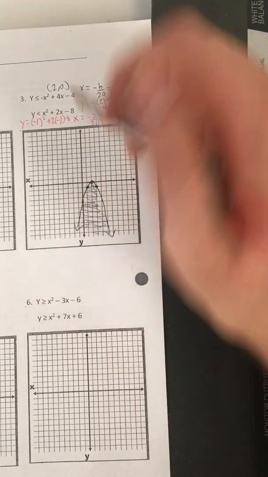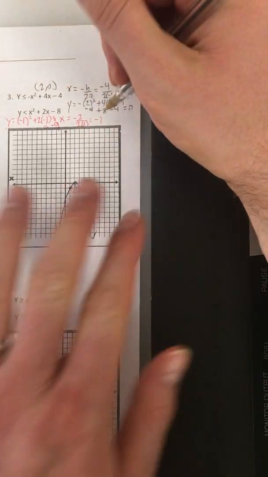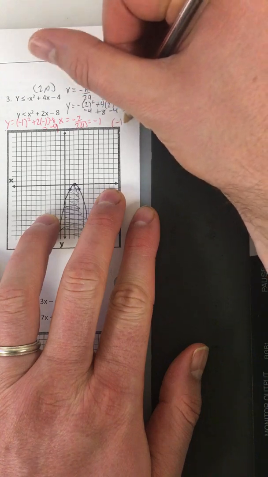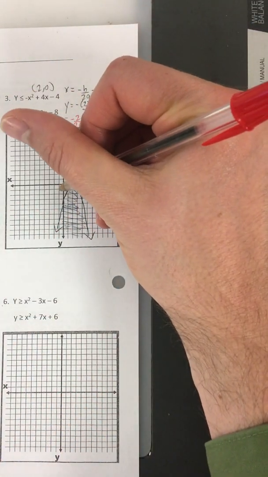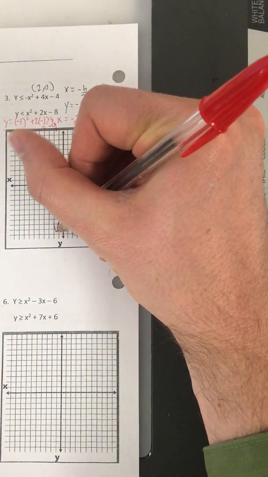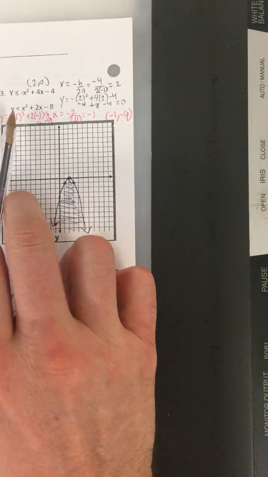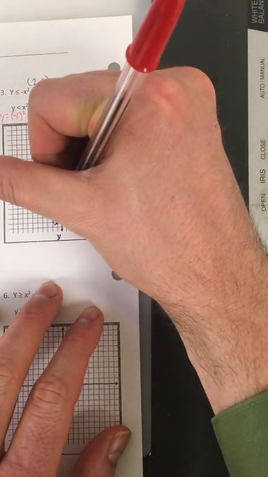I would get negative 9. So this vertex is going to happen at negative 1, negative 9. So let's plot that. Left 1, down 9. Right here. And then look in front of x squared. There's an automatic 1 right there, so I know that graph would go up 1 over 1.